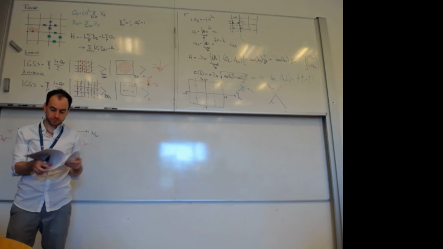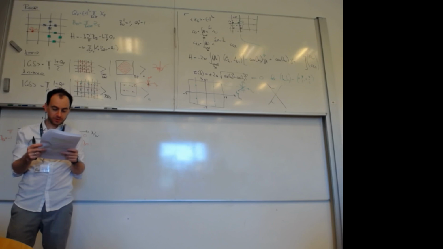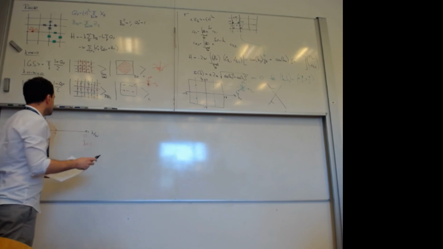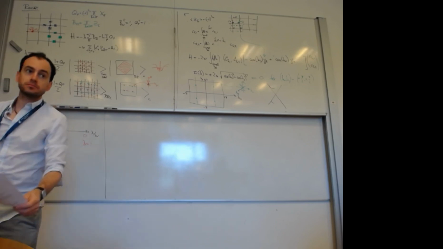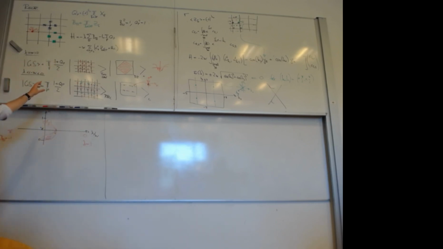Okay, let me go through what else I wanted to give comments on. The other thing is, neither of these states here breaks any symmetry, as I said. Both are topologically ordered, at least in the toric code sector.